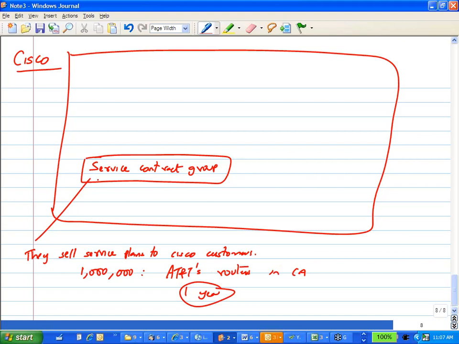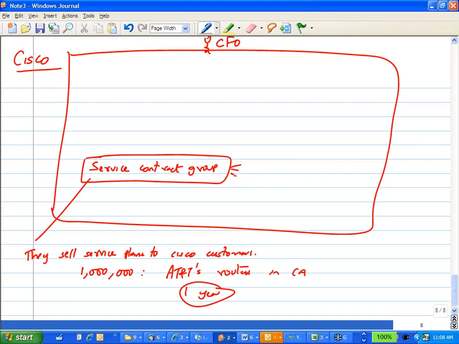So the service contract group is, of course, a money-making group for Cisco. Every group has some expenses and some revenue. And the CEO or the CFO is closely monitoring all groups. Say the service contract group employs 10 or 15 people.